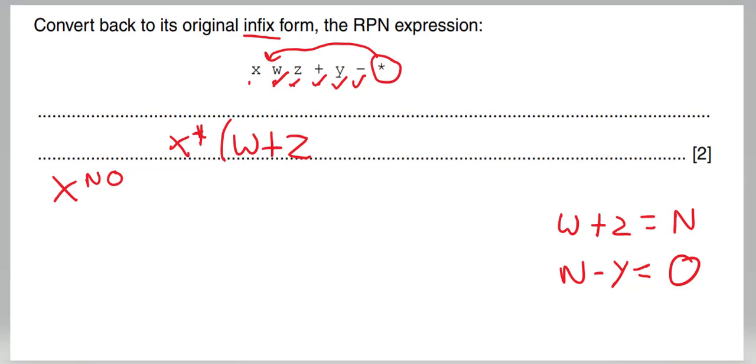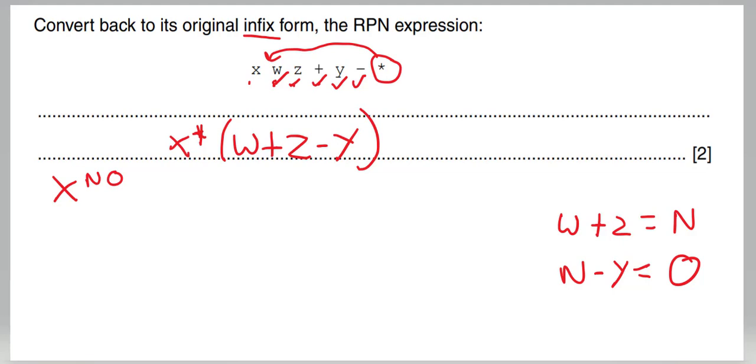We've then got O. So for O, we've got N, which is W plus Z, minus Y. So all I need to do is minus Y. And there you go. That is my expression.